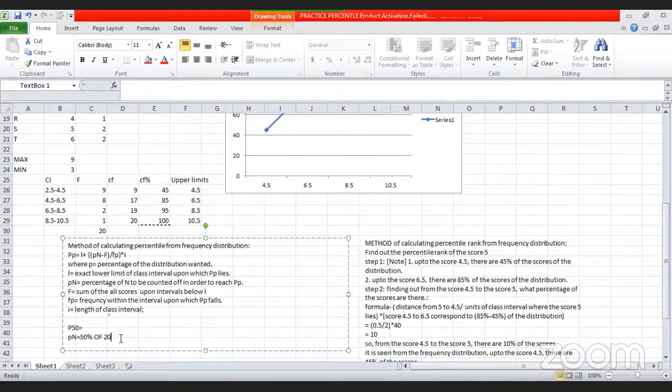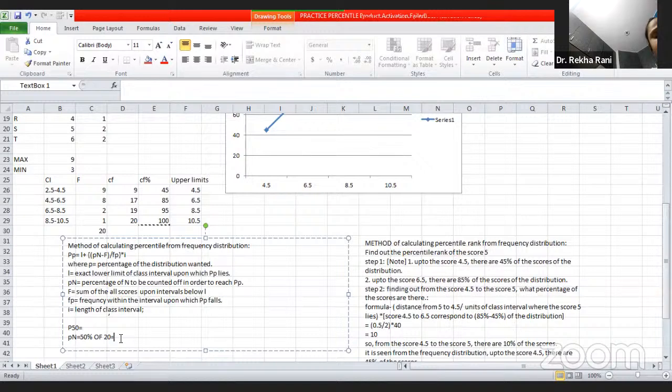So what will be the 50% of 20? 10. So it is 10.